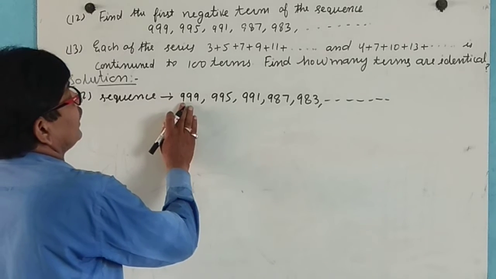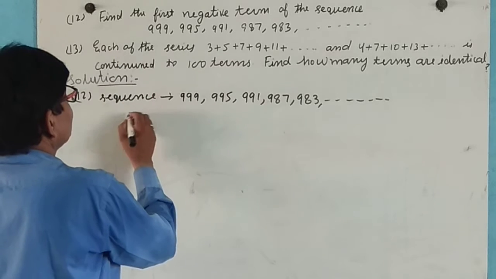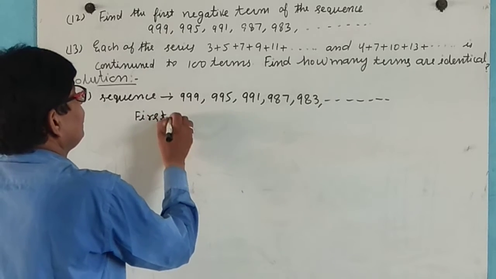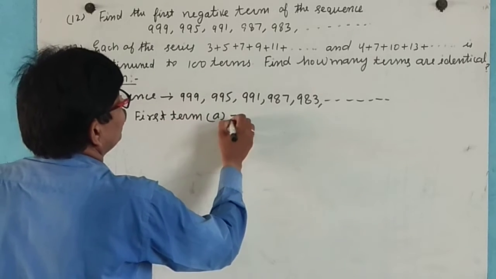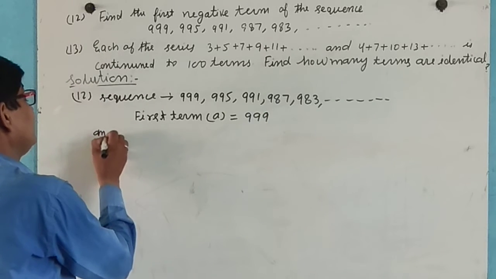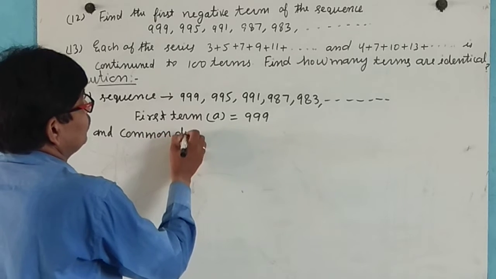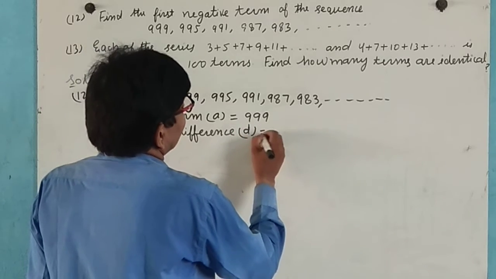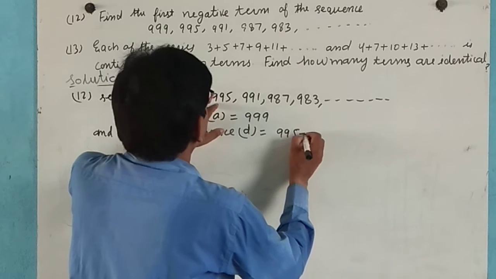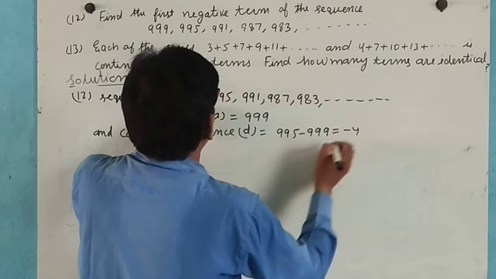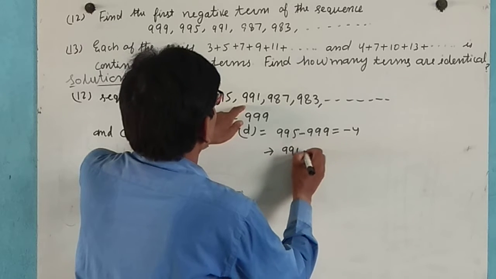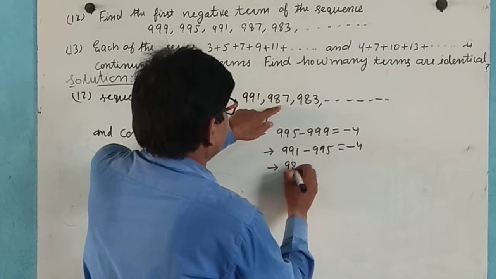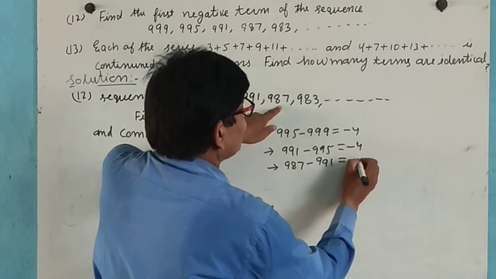Here in this case, first term A equal to 999 and common difference D equal to 995 minus 999 equal to -4. 991 minus 995 also equal to -4. 987 minus 991 also equal to -4.